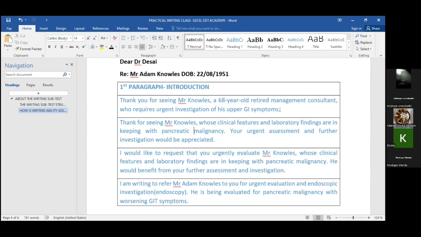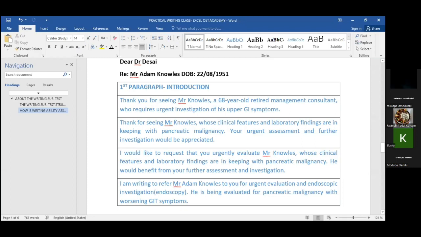For example, let's say I want to write that now. I can say, I would like to discharge Mr. Knows, who was managed for pancreatic malignancy and has made remarkable progress. Look, it's not here. Just follow through in your head so that you understand what I mean by clinical update.